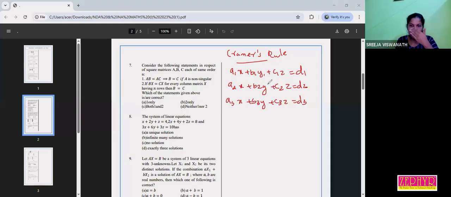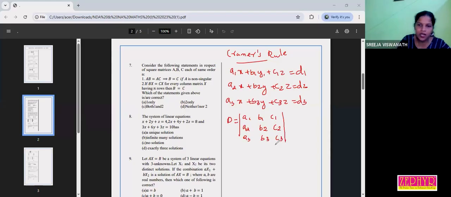It's a linear equation and we take the similar process, AX is equal to B, where A is the coefficient of x, y, z. So here we take D as the coefficient matrix: A1, B1, C1, A2, B2, C2, A3, B3, C3. Is it clear?